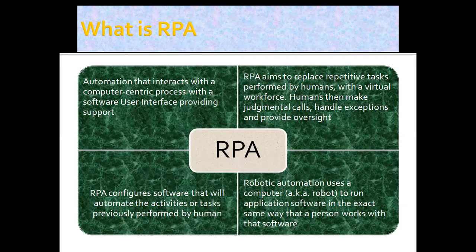RPA aims to replace repetitive tasks. That is one of the main things, where many people working in BPO, banking sectors, or supply chain management, or any other tools, are doing the same activities daily. They just open some documents and follow steps. So RPA is the best place to implement repetitive tasks.